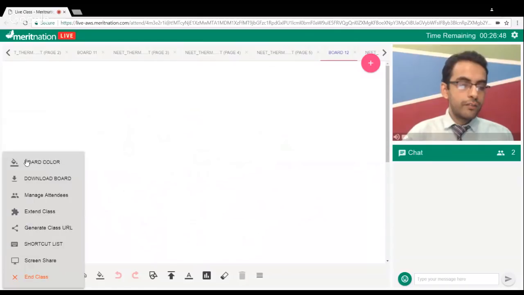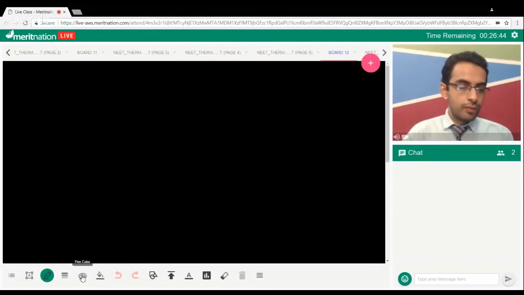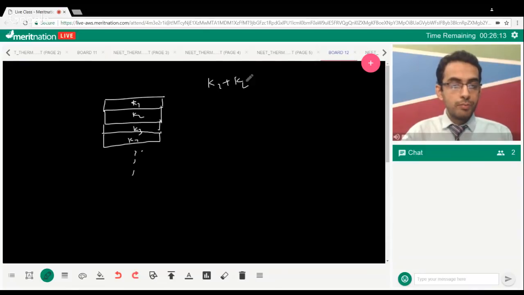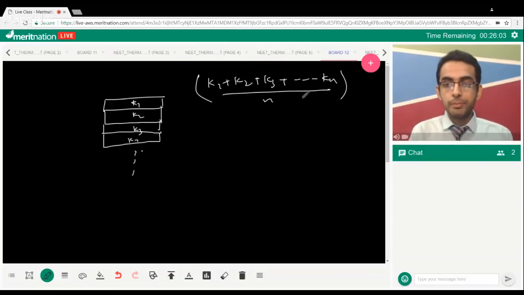If there are n rods connected in parallel combination, and all of them have the same area of cross section and same length, K1, K2, K3 up to Kn, then we can simply write the equivalent thermal conductivity as (K1 plus K2 plus K3 up to Kn) divided by n, for a system of n rods connected in parallel. Okay. So now let's move forward.